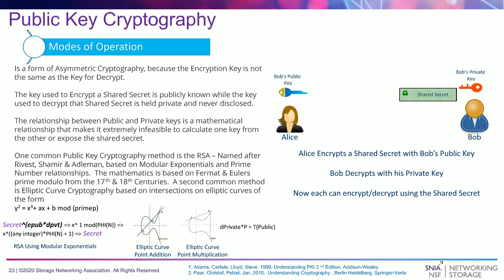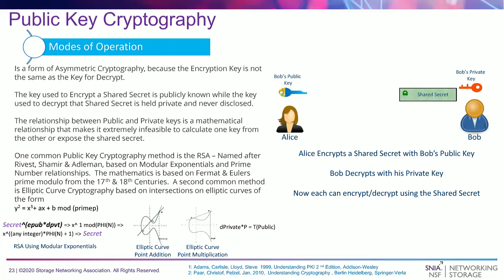And each of these keys, in today's standards, they want these keys to be 2,000 bits. At one time, it was 1,000 bits, but today they're 2,000 bits if you're using the modular. And the way this works is there's a relationship between the public key and the private key related to prime numbers, and that relationship, when you raise the secret, which is your session key, to that power, you actually get the secret back.